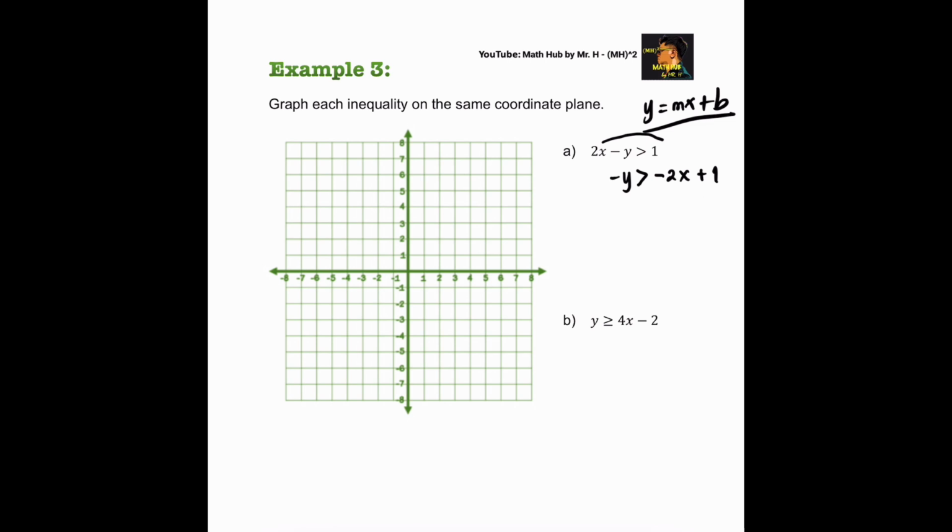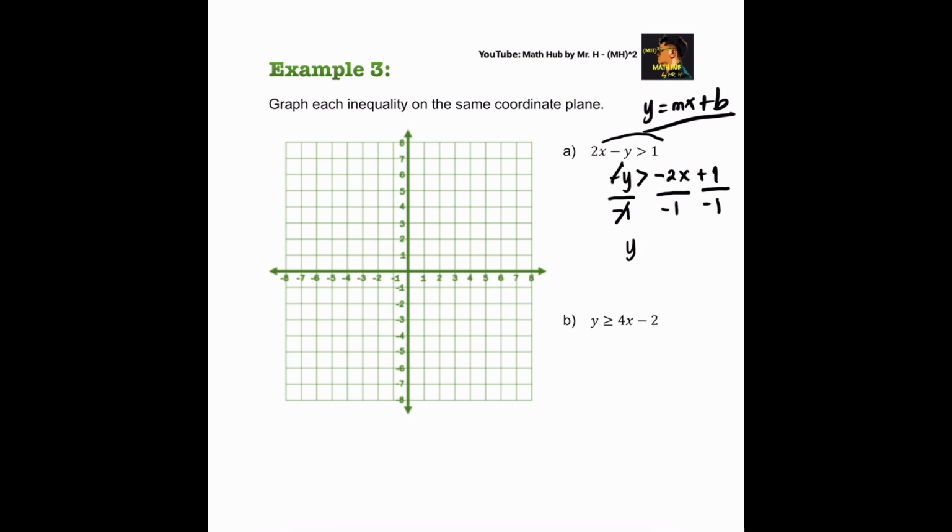So we're not done yet because we have -1 as the numerical coefficient of the y term. So we need to divide all the terms by -1. All right, so -1 divided by -1 is 1. So we're left with y on the left-hand side.